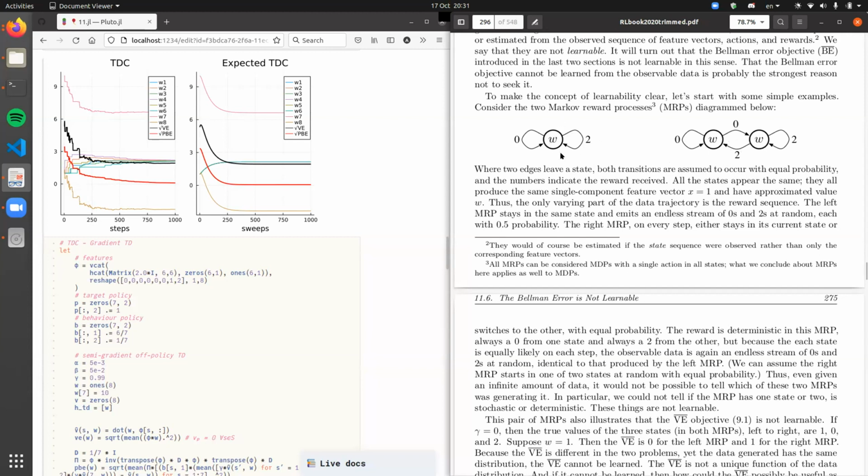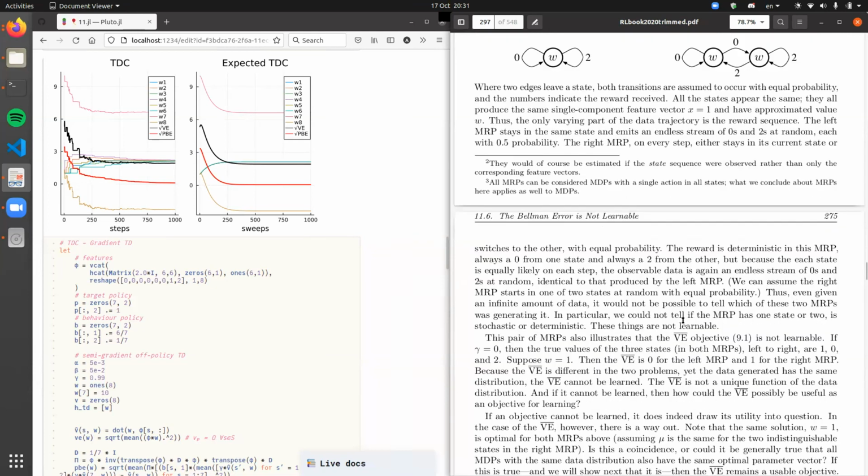And so in both cases we can set W to 1. That would minimize the value error, but the value error in these two cases will be different. It will be 0 for the first case, and like 1 plus 1, so it will be non-zero for the second case, right?